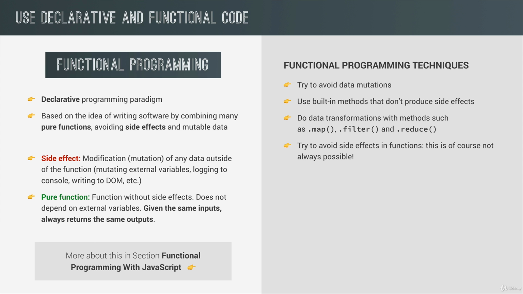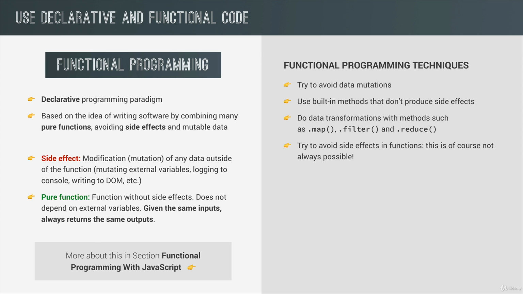And finally, you can also try to avoid side effects in the functions that you write yourself. And again, this is of course not always possible and also not always necessary. So we will never be able to avoid all side effects in applications because, of course, at some point, the application needs to do something. So we need to display something on the DOM or log something to the console or really create some side effect.